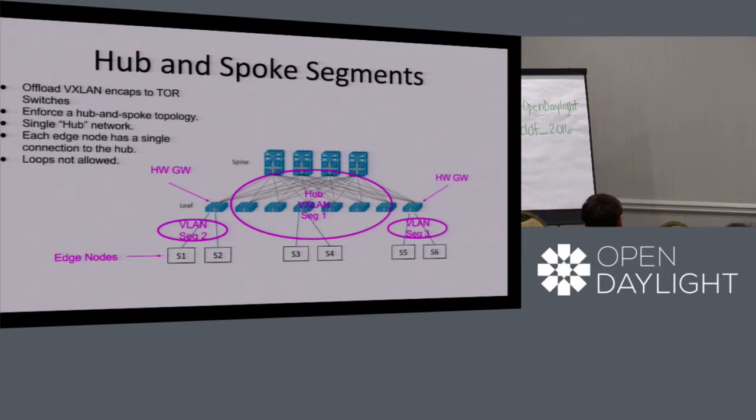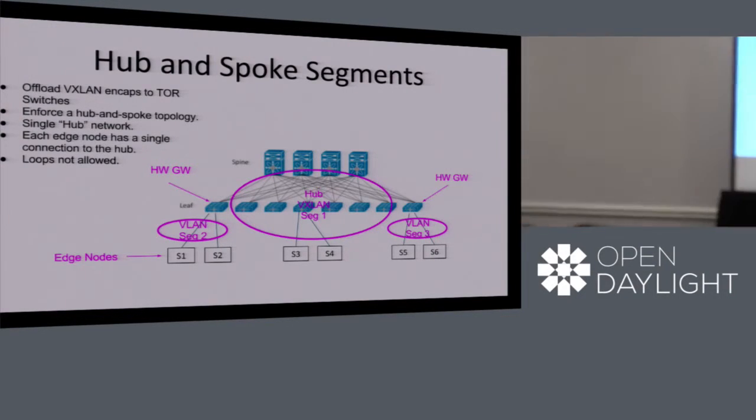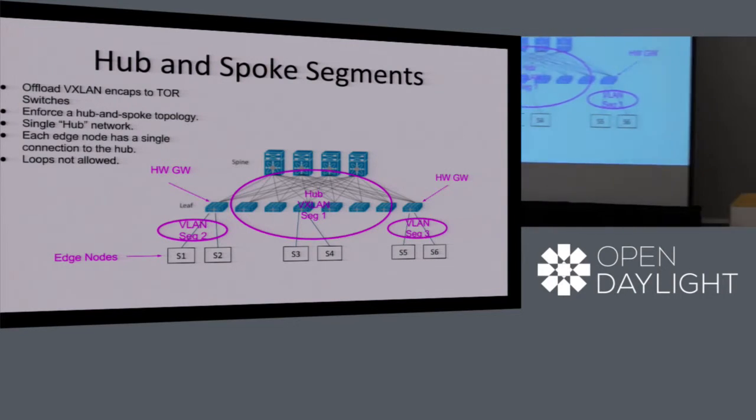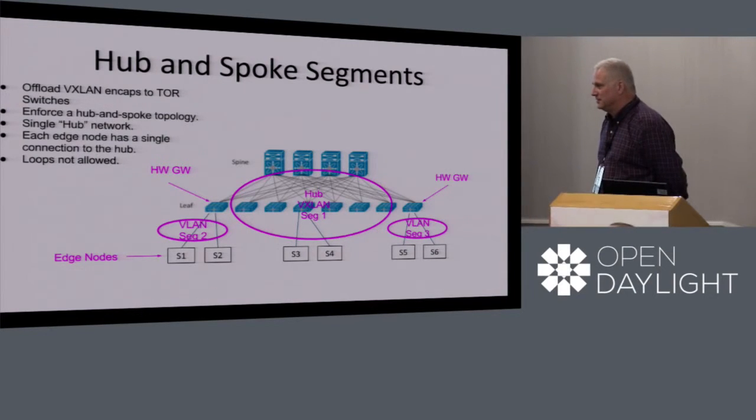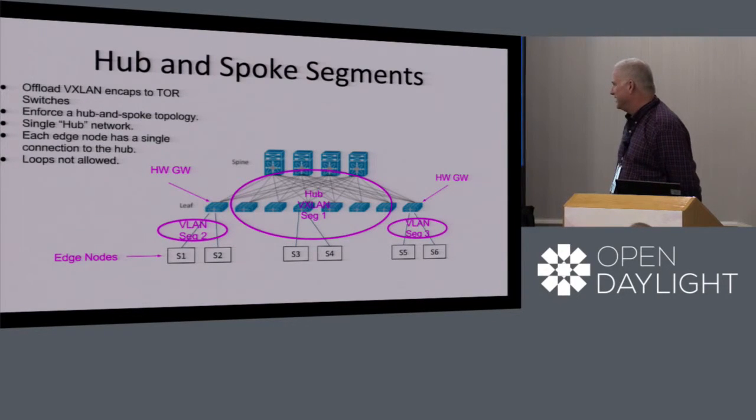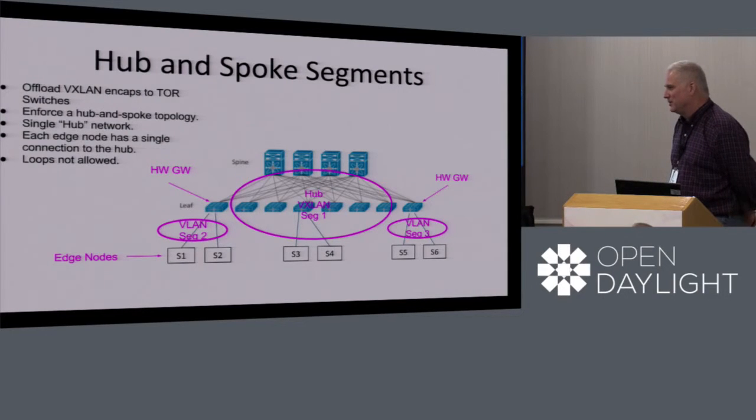For scaling, you want to support multiple hubs connected. And then we also want to, I don't know how well that ties in with the VPN service work or not.